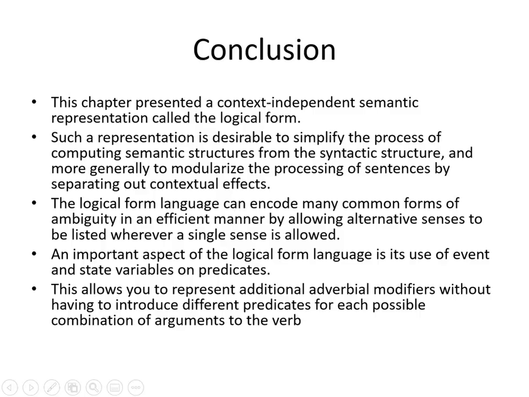We have seen the diagram where initially we have a syntactic structure, then we represent the logical form, and then we attach a contextual interpretation to it. The logical form language can encode many common forms of ambiguity in an efficient manner, which allows alternative senses to be listed wherever a single sense is allowed.